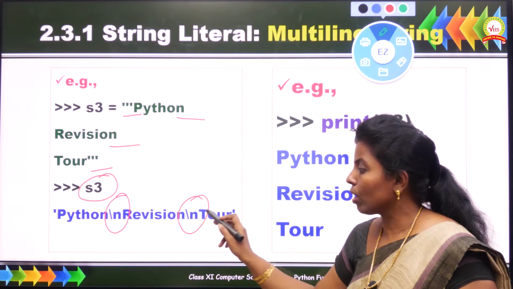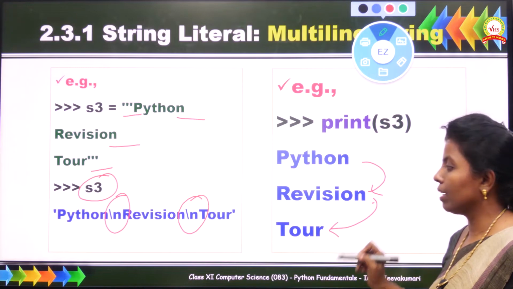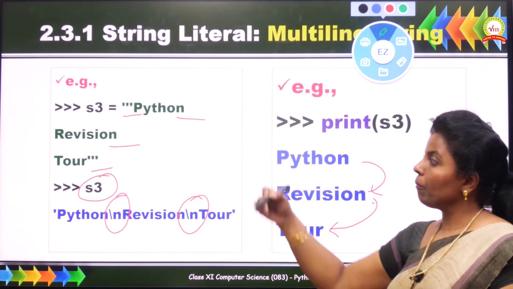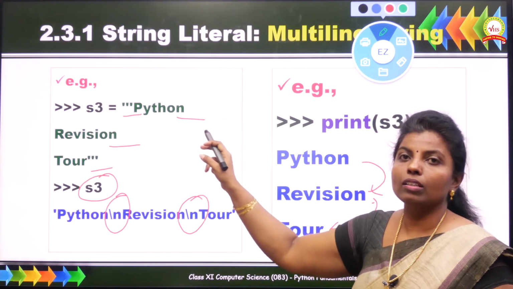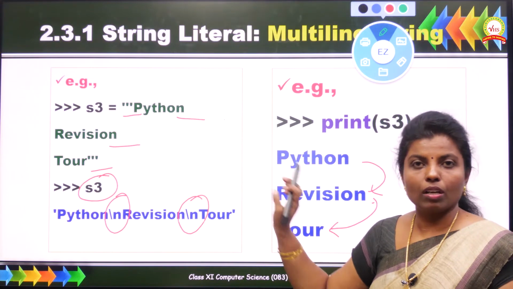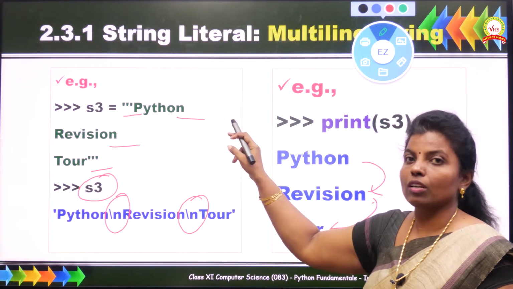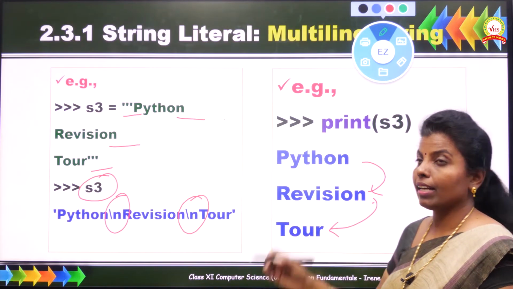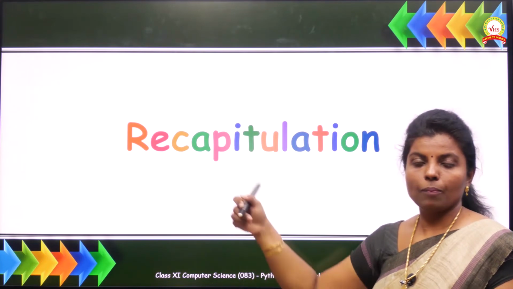Again there is another backslash n over here, so after revision, tour has been printed in the next line. So when we start with a triple quote and end with a triple quote, we need not give any backslash character at the end of each line except the concluding line. Python automatically includes backslash n, the new line character, at the end of each line. So this is the thing you must know about this string literal.